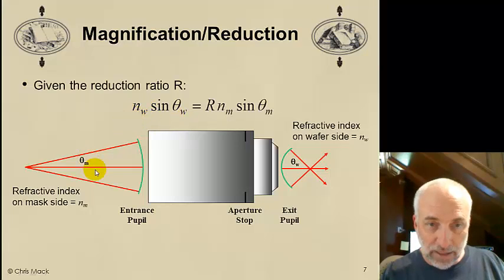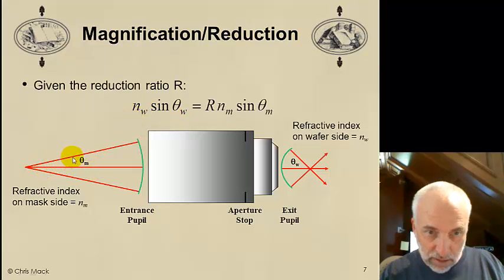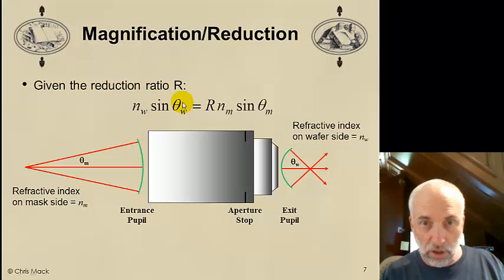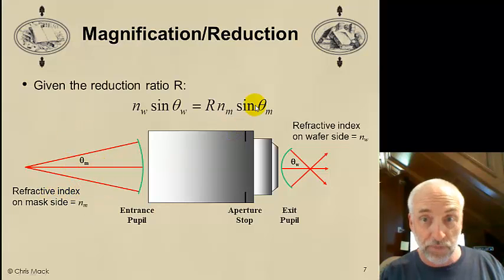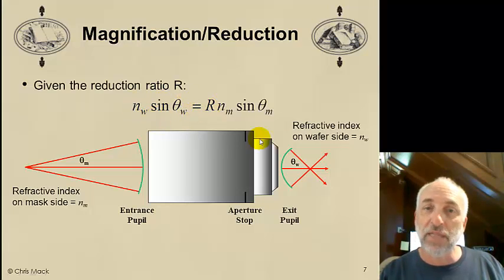So if I look at a particular ray of light coming out of the mask, well, let me look on the mask side. The sine of the angle on the mask side, sine theta m, would be here. If I multiply that by the index of refraction in the media, which is generally air, this quantity, n times the sine of theta m, will be multiplied by the reduction ratio, R, to get the same quantity on the wafer side.